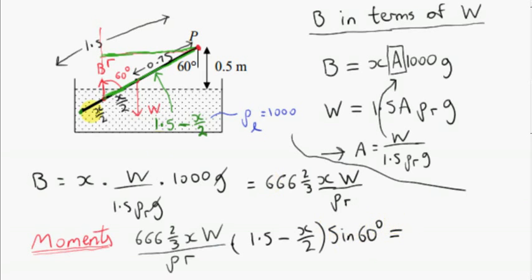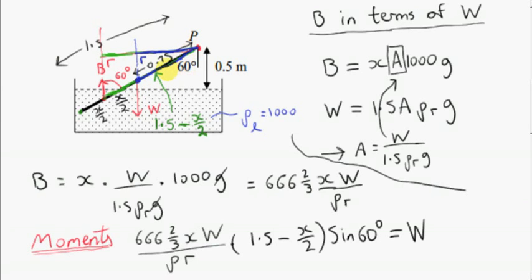So that's the clockwise moment due to B, and it must equal the anti-clockwise moment due to W for equilibrium of this rod. So we have to take W and multiply the magnitude of W by the perpendicular distance of the line of action of vector W from point P. So to do that, we need this distance here along the rod.